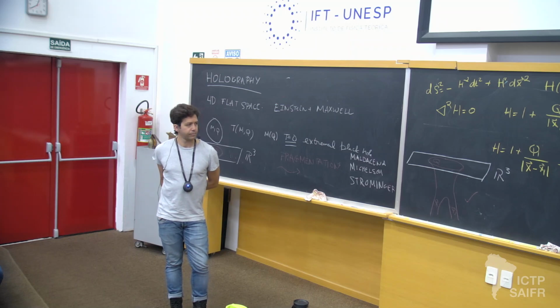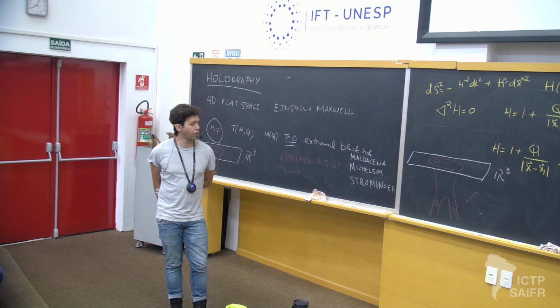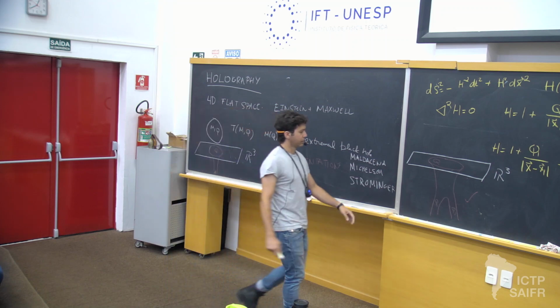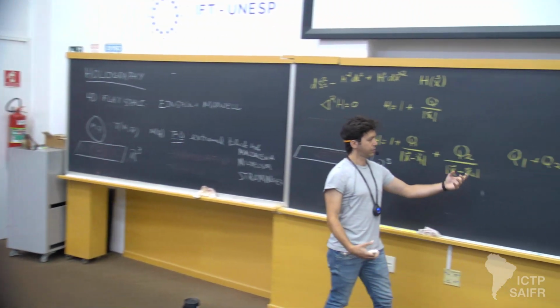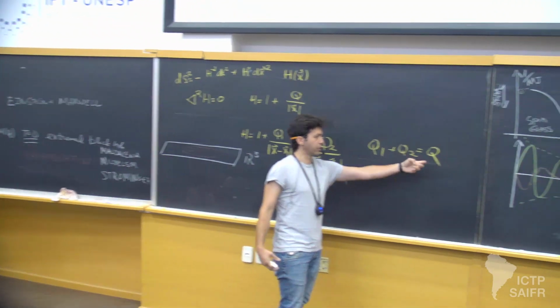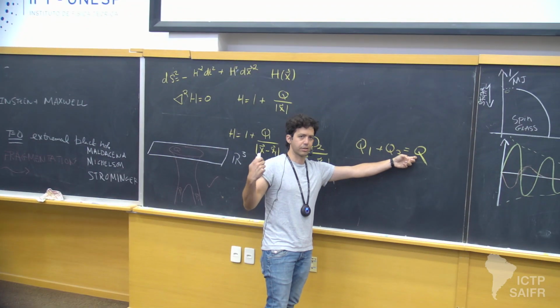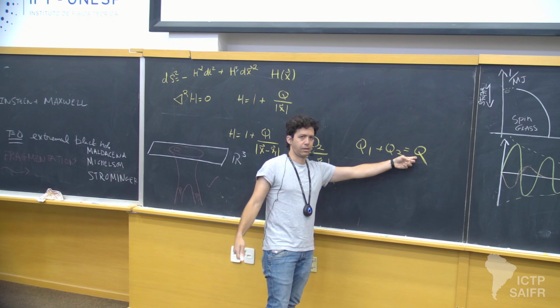In that fragmentation, do you need two equal copies of the same black hole with the same mass? No. You split the mass arbitrarily, Q1 and Q2, so long as they sum up to the original. I think the solution is not stable if you have two black holes with different masses.